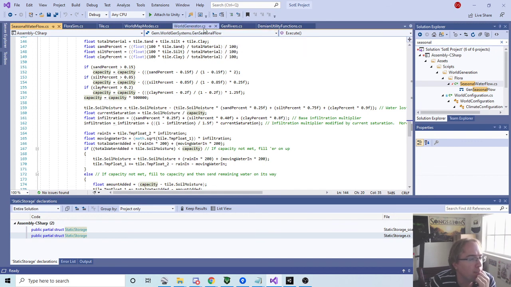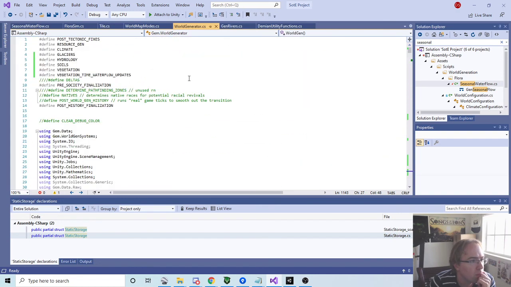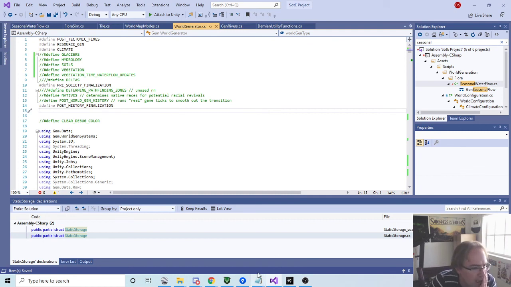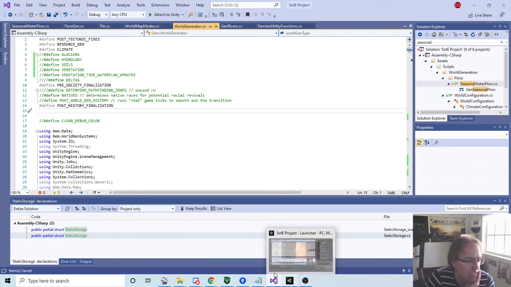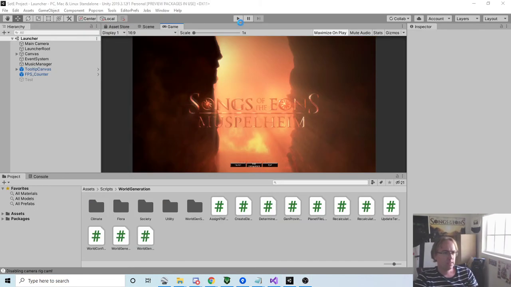And I know how to test it. So we're going to see if the first run of this algorithm works. And if it does, then it's something that relates to soil being saturated.